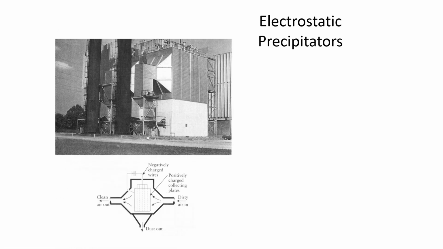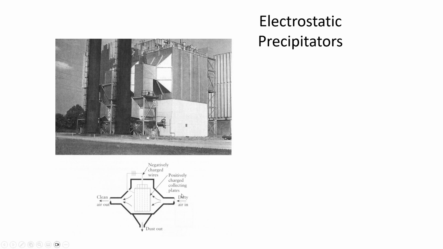Electrostatic precipitators are an interesting technology where they're just using charged plates and sending gas with particles through in between charged plates. And some of the plates, they're just literally like metal plates, will be at the end of a positive electrode, some will be at a negative electrode, and the dust that comes in is attracted to the plates.